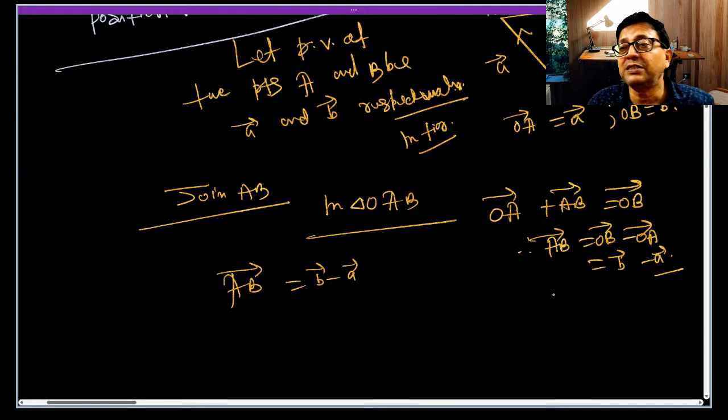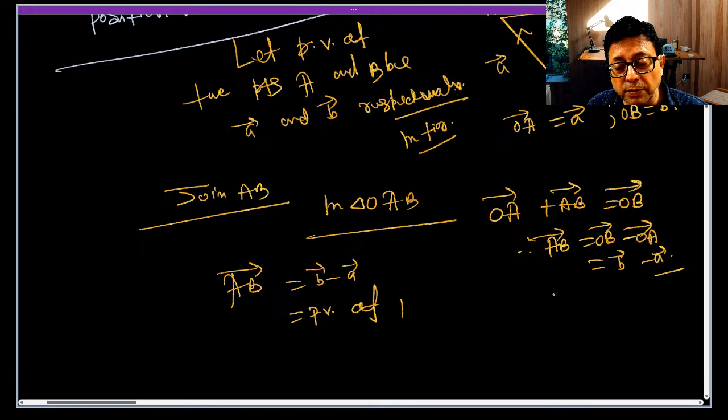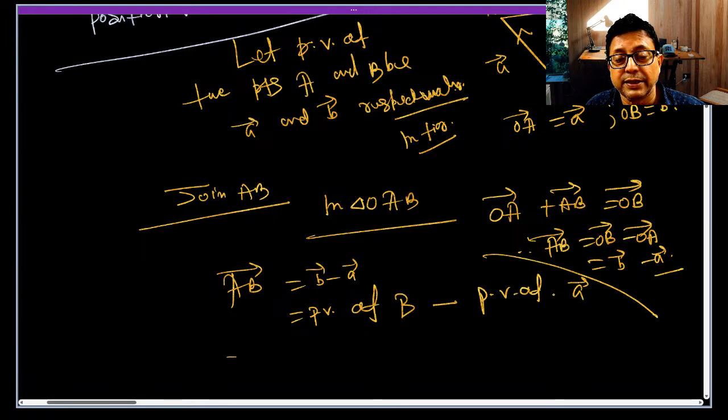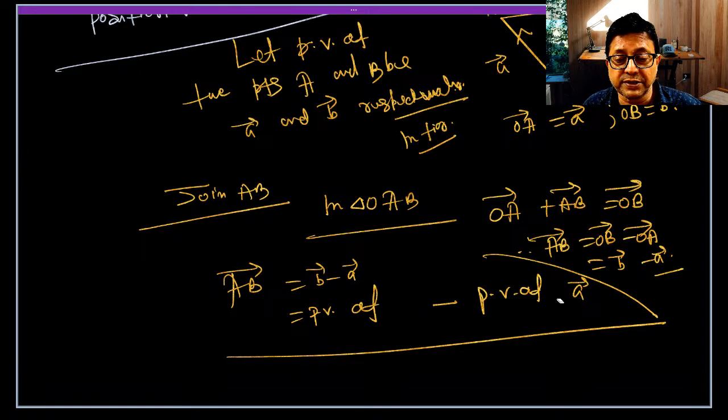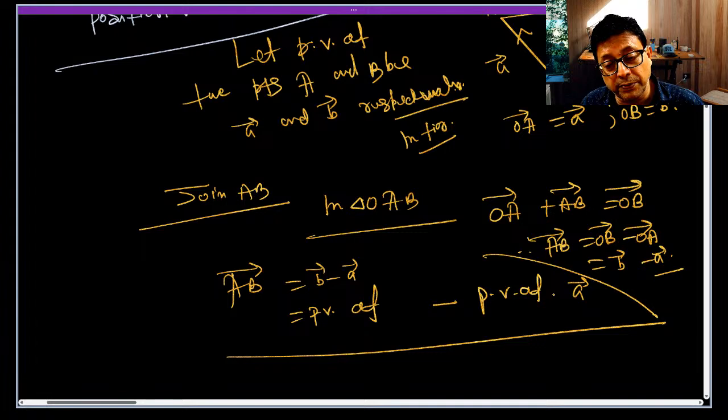This b stands for what? That is, position vector of B minus position vector of A. This is now the formula.